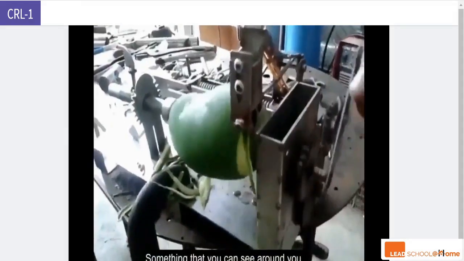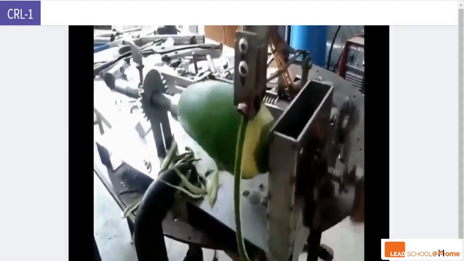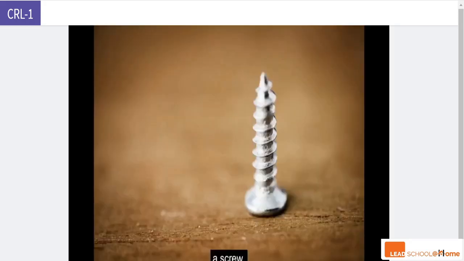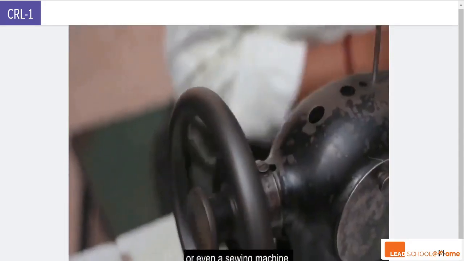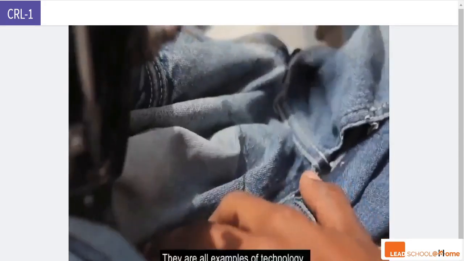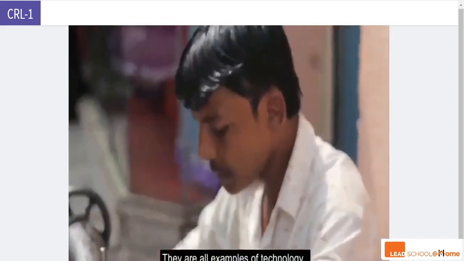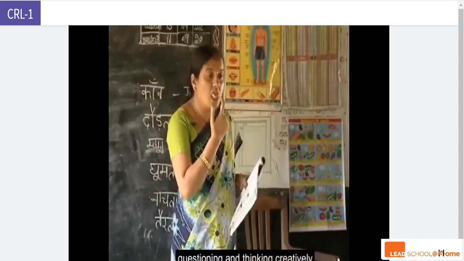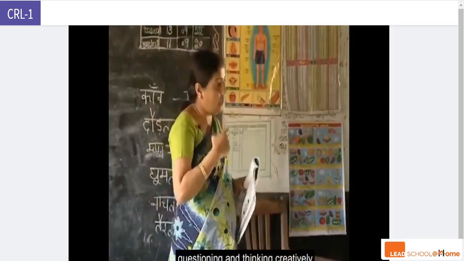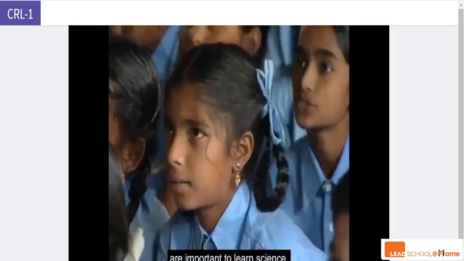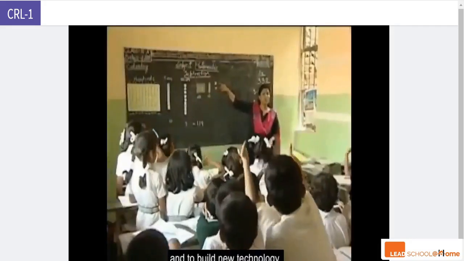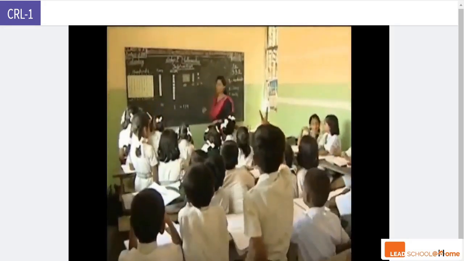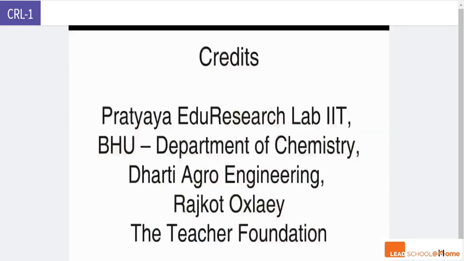Something that you can see around you, like a stapler, a screw, or even a sewing machine. They are all examples of technology. Observing the world around us, questioning, and thinking creatively are important to learn science and to build new technology. Science is everywhere. You just have to look around.